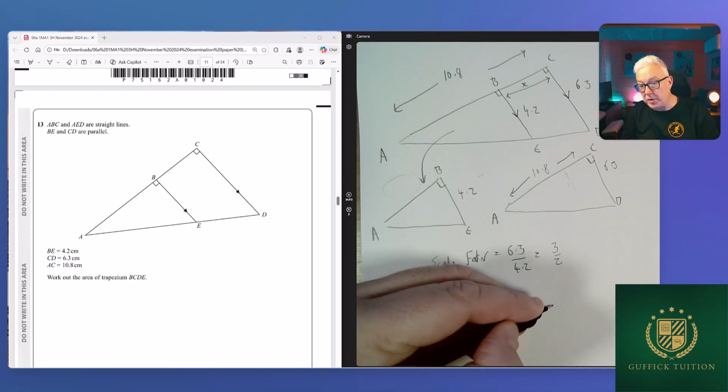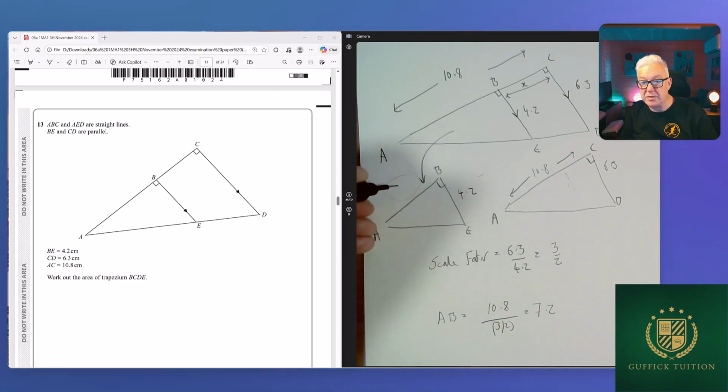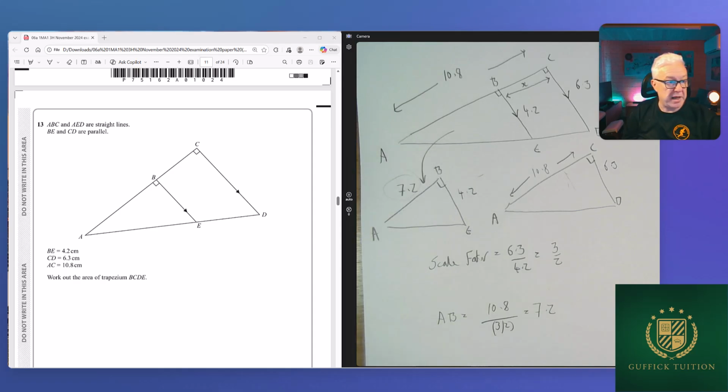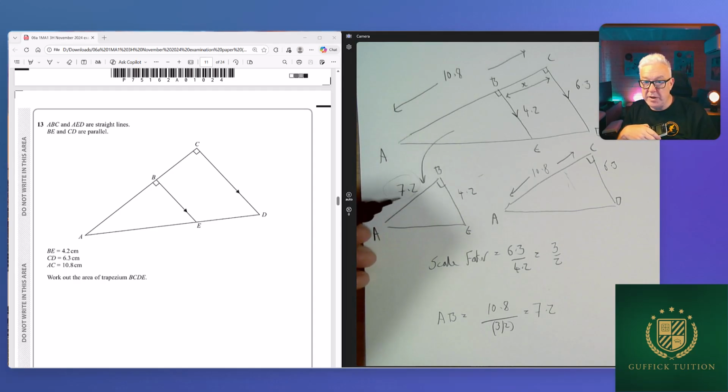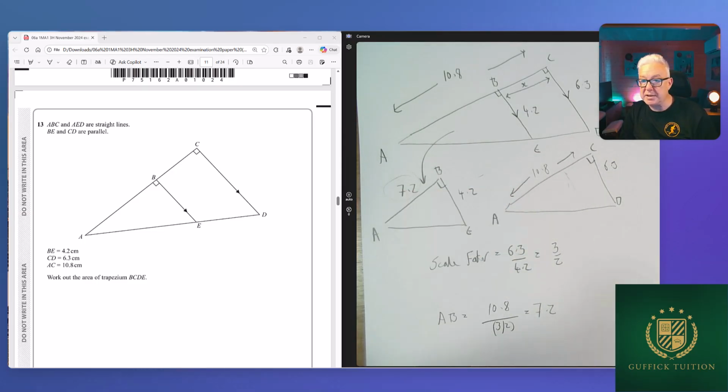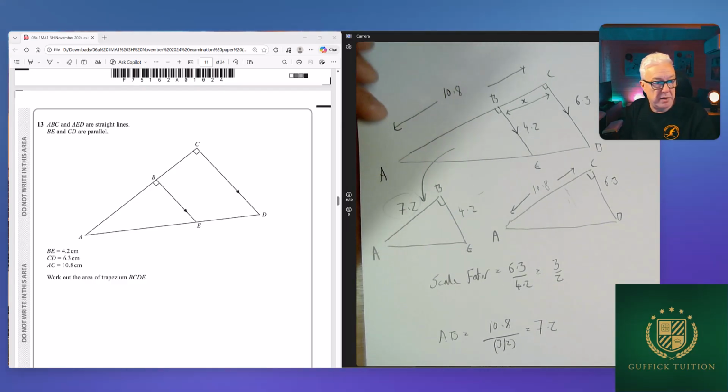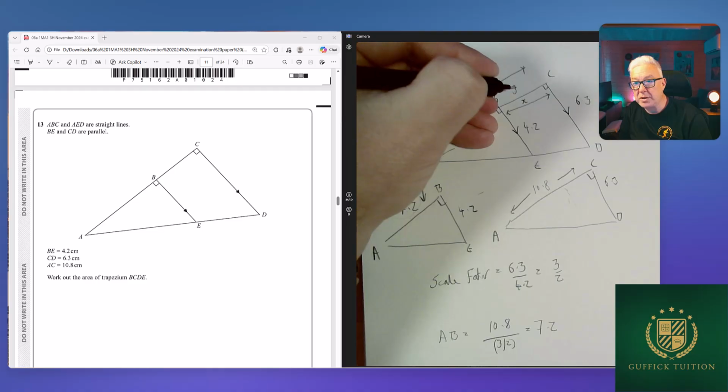So AB is 7.2, which is really useful. Now we know that that length is 7.2 and that one is 10.8. We can take those away from each other to find out what our x is. 10.8 take away 7.2 gives us an answer of 3.6.